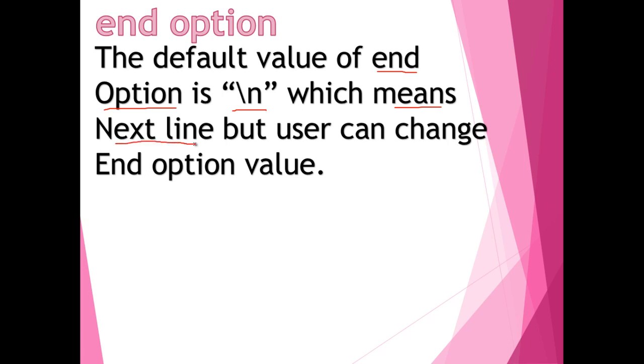But the user can change the end option value, that we will see. But over here what we have seen is that the default value of the end option is \n, which means next line.